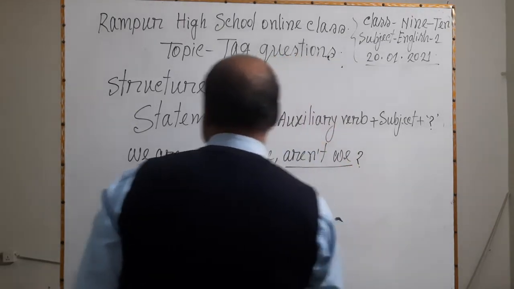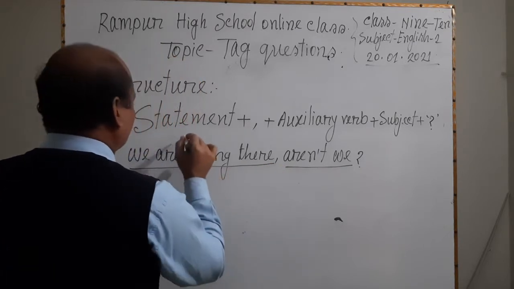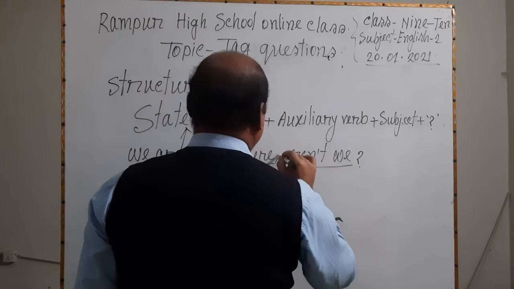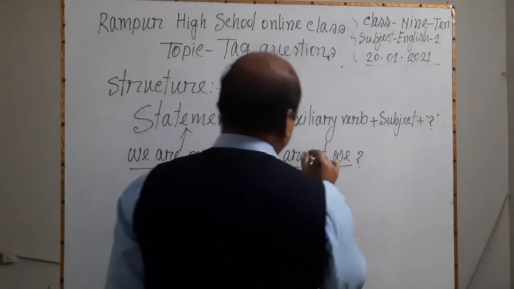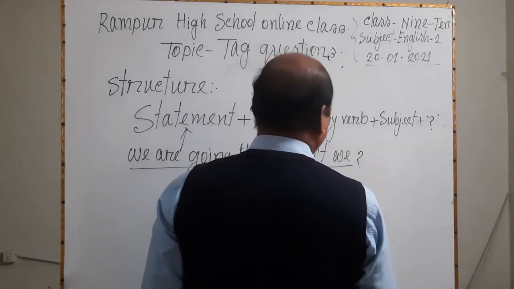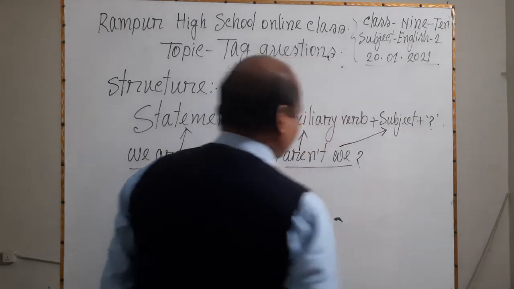The learners, these are the statement, then the comma, then the auxiliary verb, then the subject.